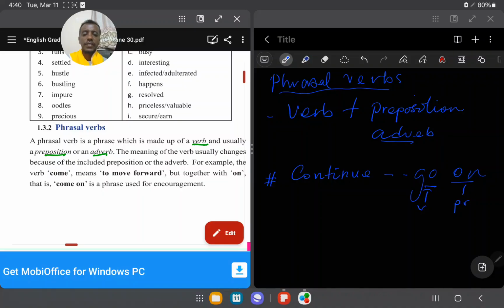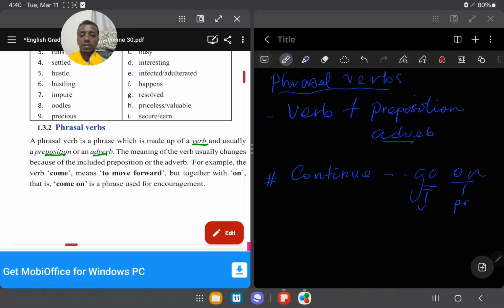For example, they have different meanings. Let me show you the meaning of go and on. Prepositions by themselves have no meaning. For example, put the pen on the table.